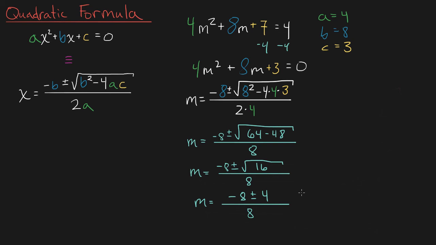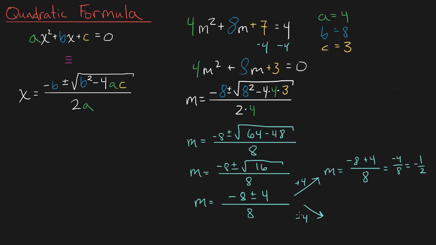So now we have two versions of this equation that we can solve. One where 4 is positive and one where 4 is negative. So this will be the positive version, this will be the negative version. And so we have m is negative 8 plus 4 over 8, which is equal to negative 4 over 8, which is equal to negative 1/2.